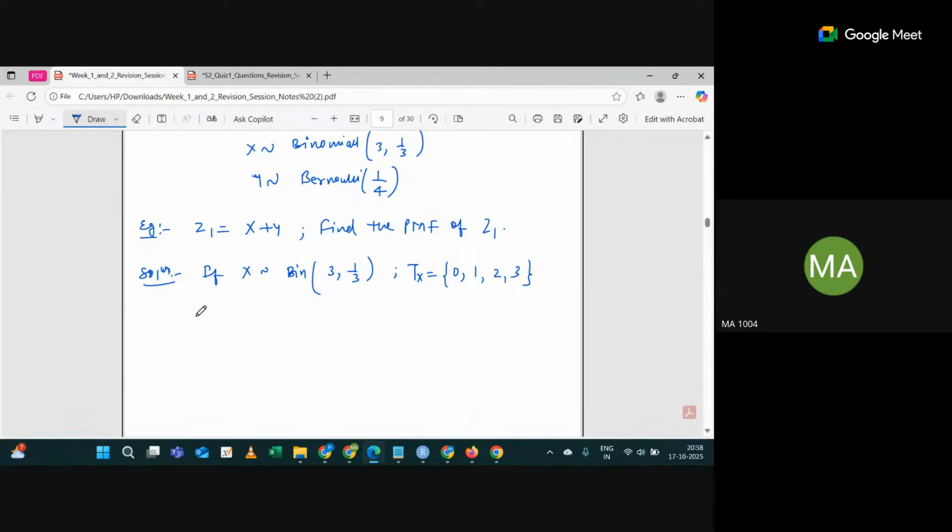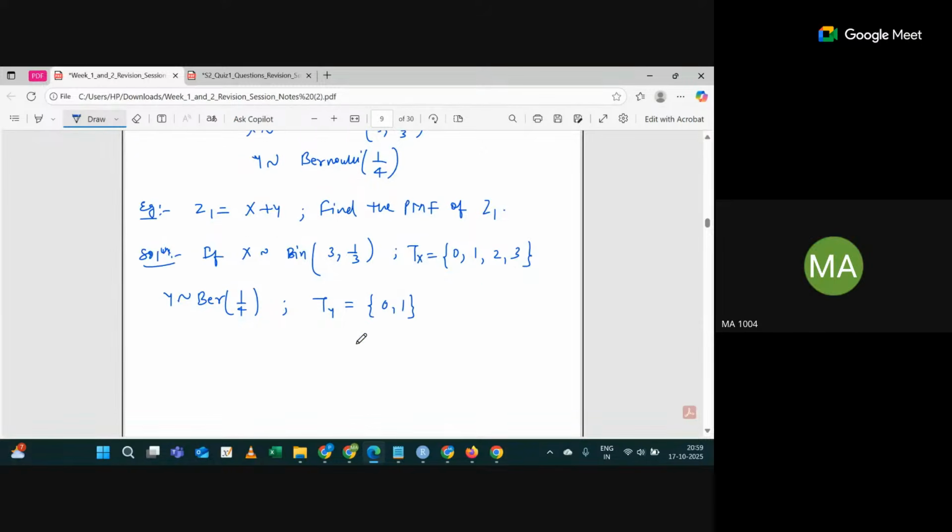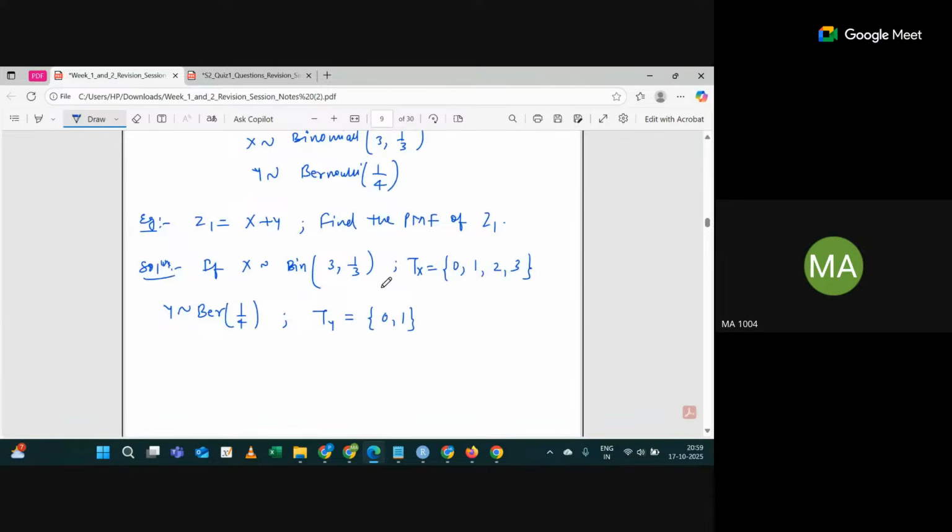The probability mass function I will write later. If y follows Bernoulli 1 by 4, what are the possible values y can take? 0 and 1. Very good.